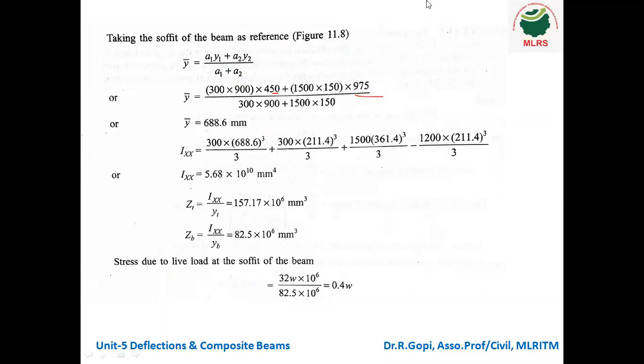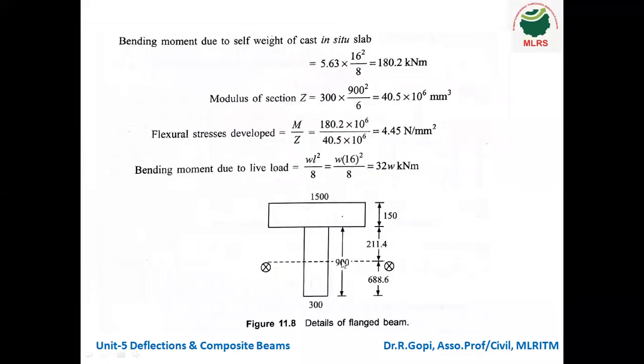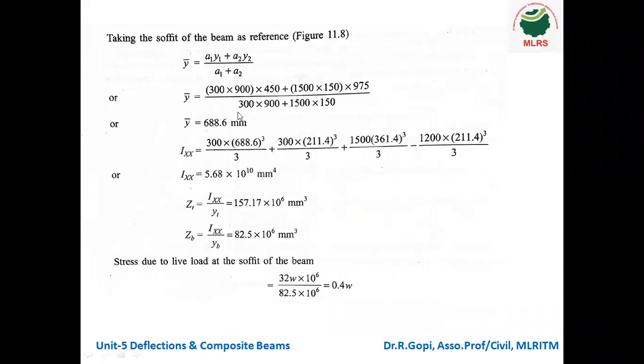You can see here, from the bottom to the center it is 975. Next, coming to A1 plus A2: the area of the beam cross section is 300 into 900, and the area of the rectangular portion of the slab is 1500 into 150. Next, Y bar equals 688.6 mm.